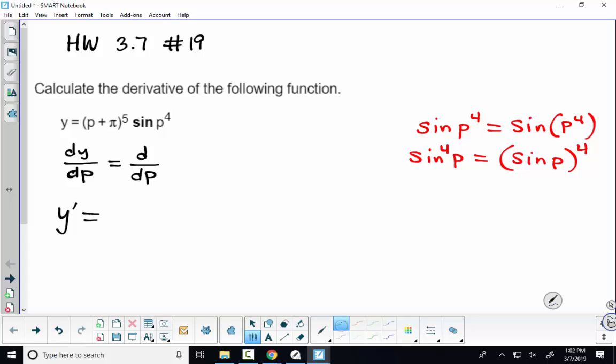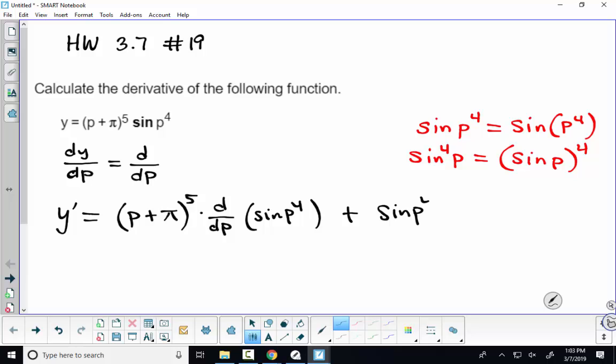So we've got our first times the derivative of the second plus the second times the derivative of the first.